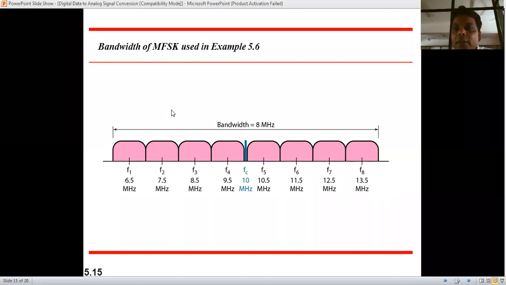The number of signal levels L is calculated as log base 2 of r, where small r is the number of bits per signal element.